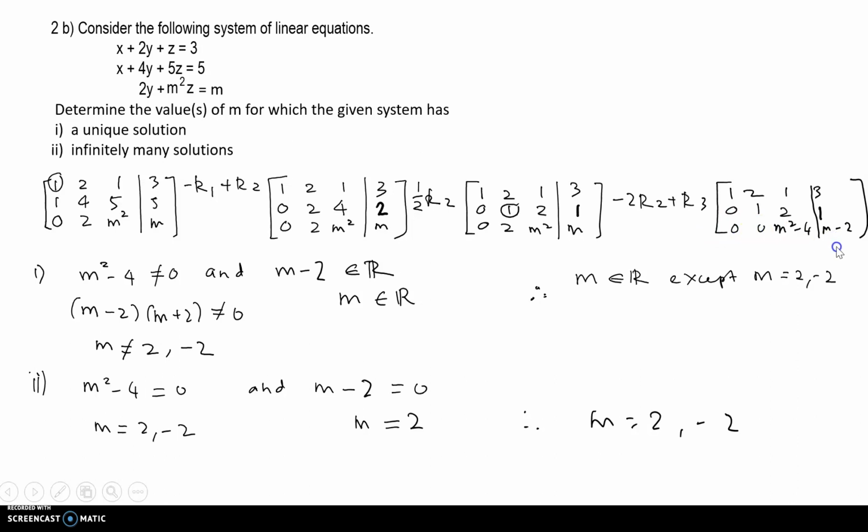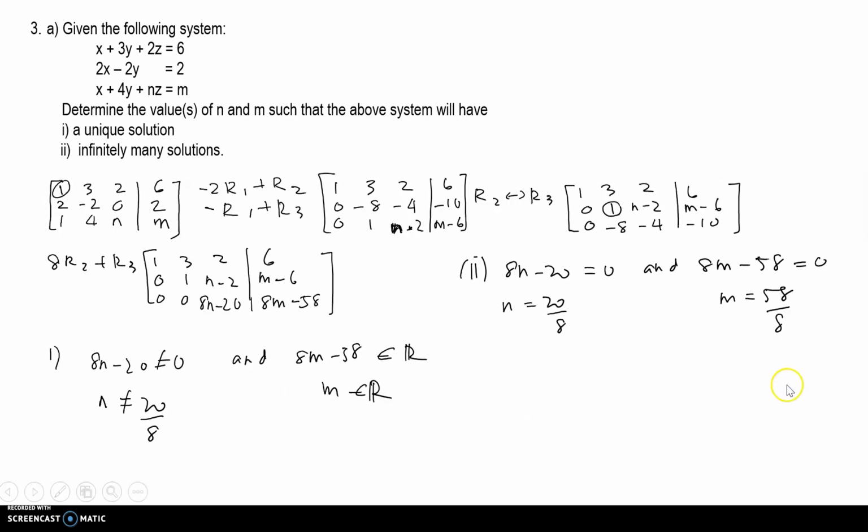And then look at the condition for a unique solution. The left part must not equal 0 and the right part is any real number. You solve this and you will get this answer. For infinitely many solutions, both equal 0. Solve that, you will get m equals 2 and negative 2. Is that okay? I hope you understand the working.